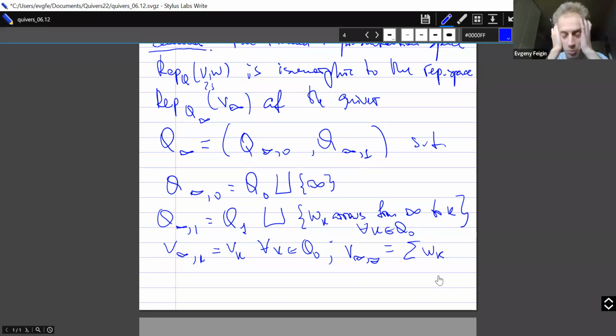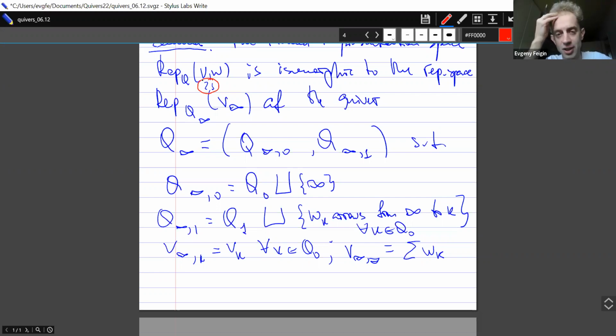Now, if we put it like this, why do we have the isomorphism here? Once again, what is Rep(Q, V, W)?